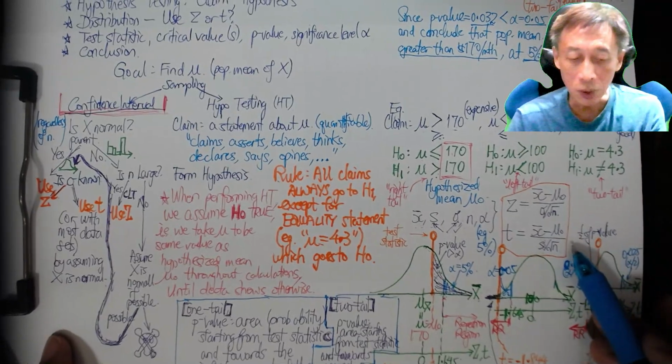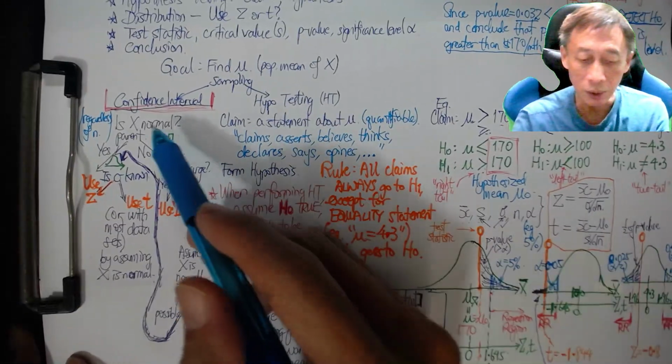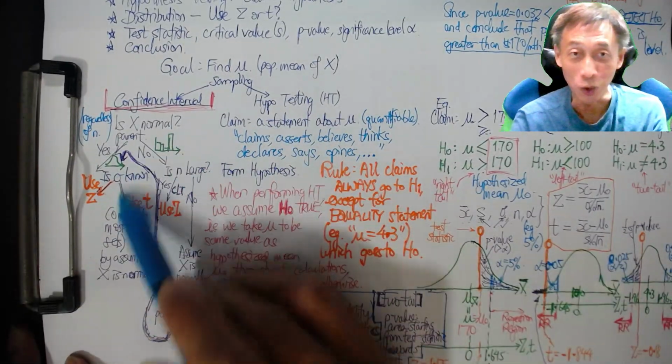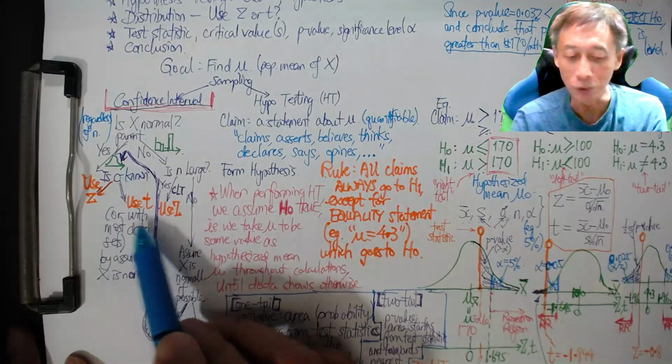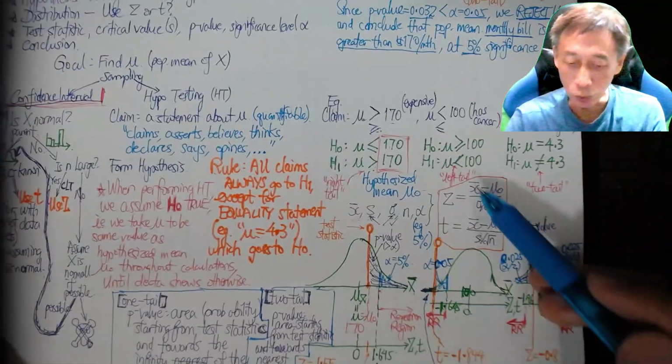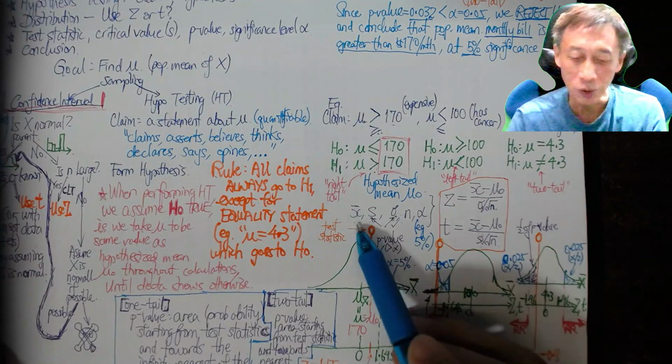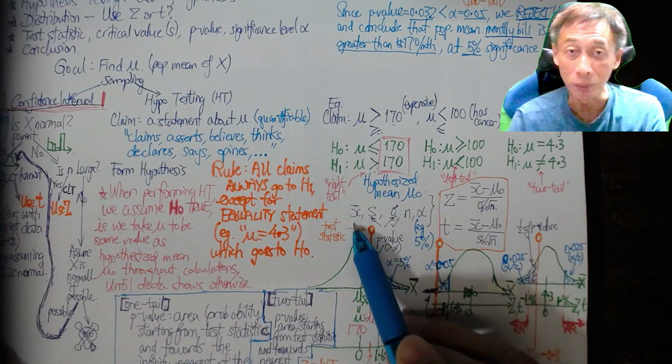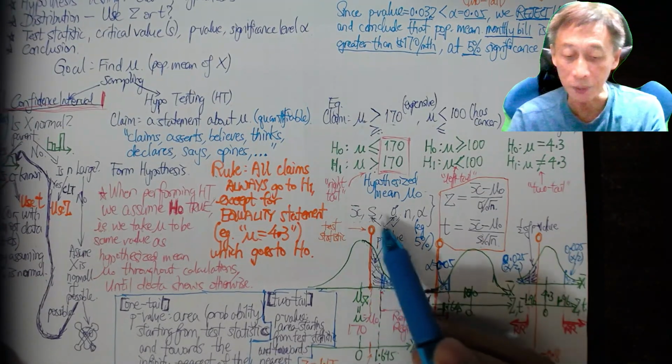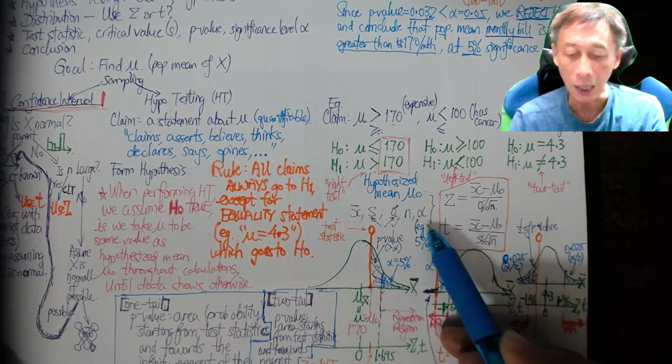And at this point, we need to decide, should we use X, Z, or T? And so we follow this map and decide to use Z or T. Then you do the test statistic calculation by extracting numbers from the question or the data set: X bar, S, sigma, N, and alpha.